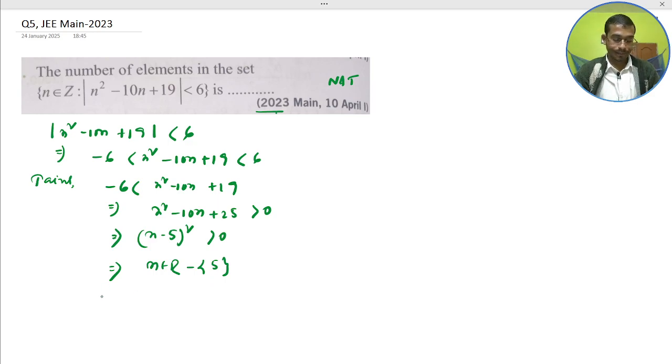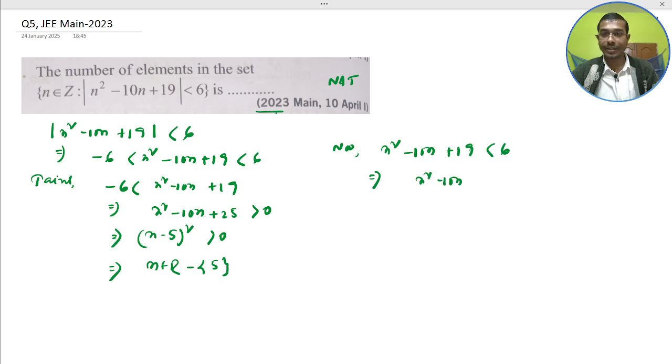So this is 1, and now taking the next condition, n square minus 10n plus 19 less than 6, that implies n square minus 10n plus 13 less than 0.